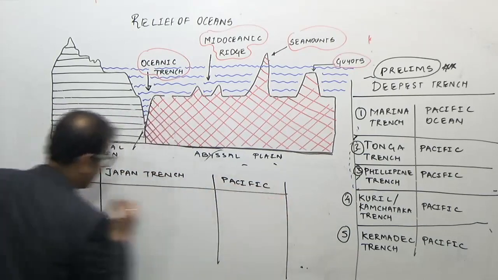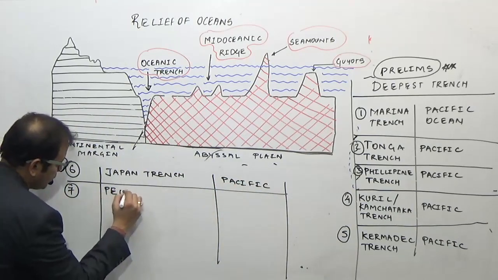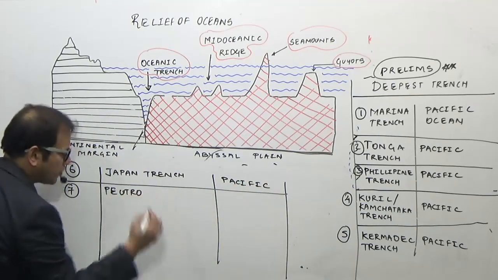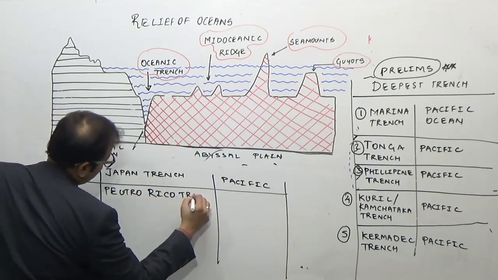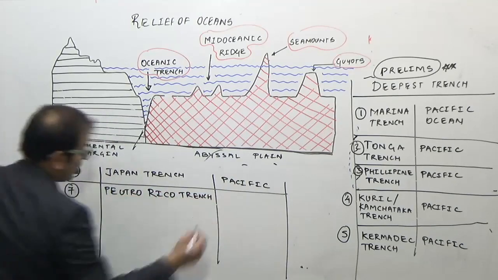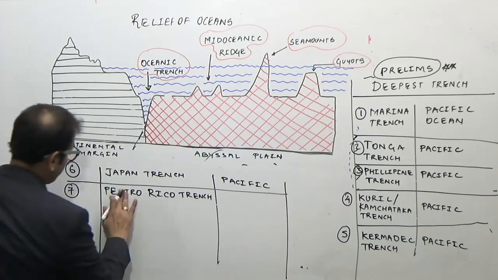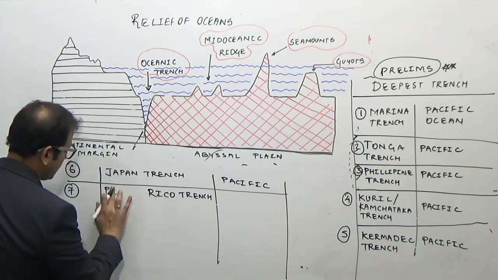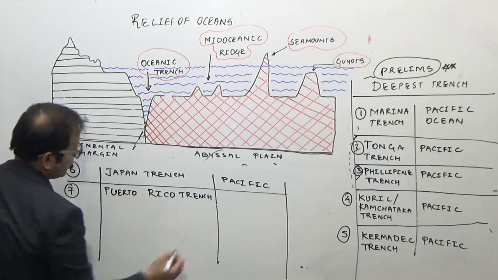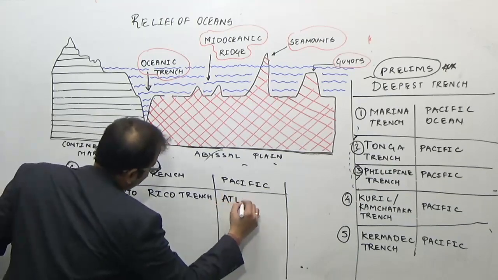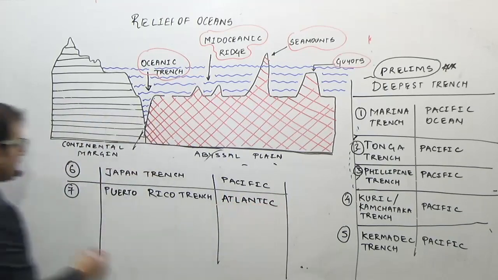The seventh trench is the Puerto Rico Trench, which is in the Atlantic Ocean.